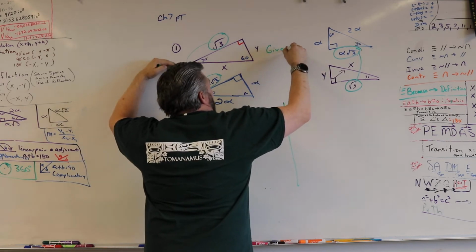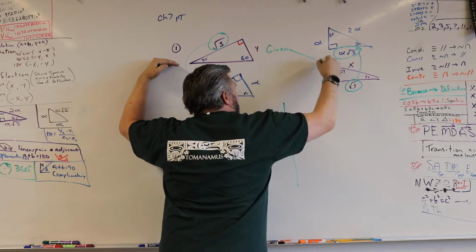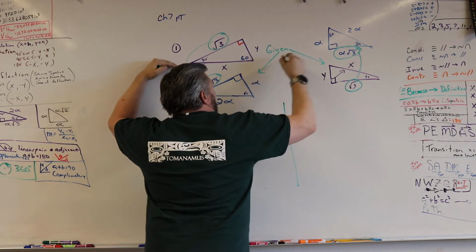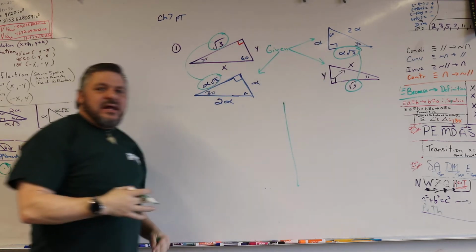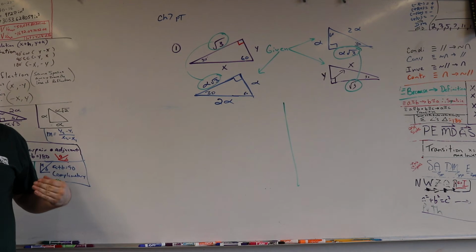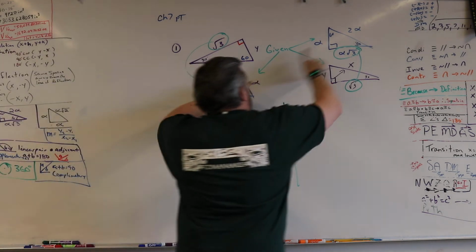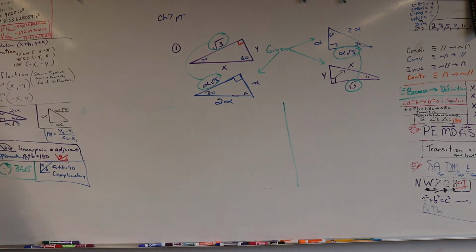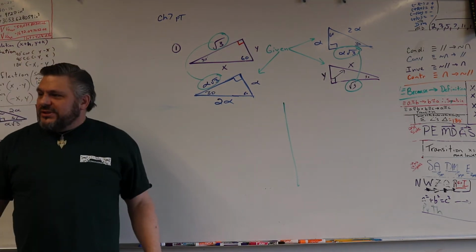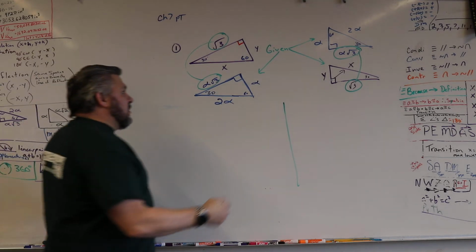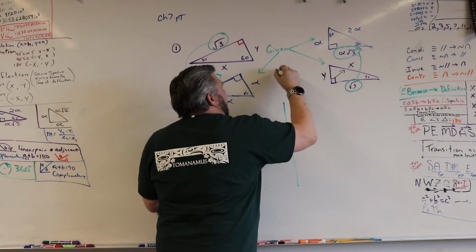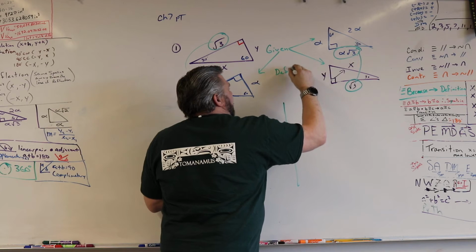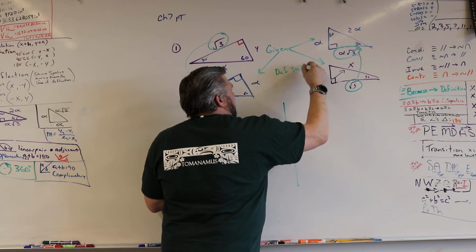And from that, then you either create this, this, or this, right? And that's your second step. Does that make sense? Those right here are what? Definition of 30, 60, 90, right? So those are second parts or definition of 30, 60, 90.